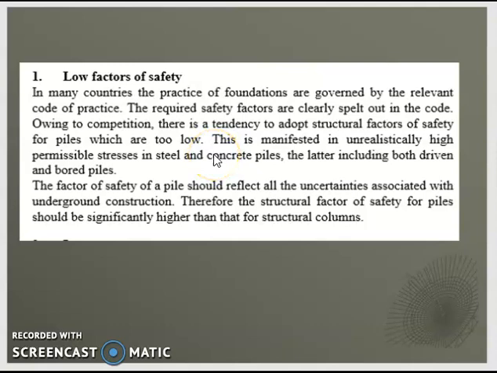So that's why they may not be so keen to spend so much money, and they try to get the designers and the builders to adopt a lower factor of safety. On the other hand, the designers and the builders are not really responsible for the overall budget of the project. They don't really need to prioritize the project budget, but they are responsible for the safety, so they will have a higher factor of safety. So it is different priorities from the different parties, and sometimes things can get out of hand, where too low a factor of safety is adopted, and that can increase the cost of foundation problems or foundation failure.